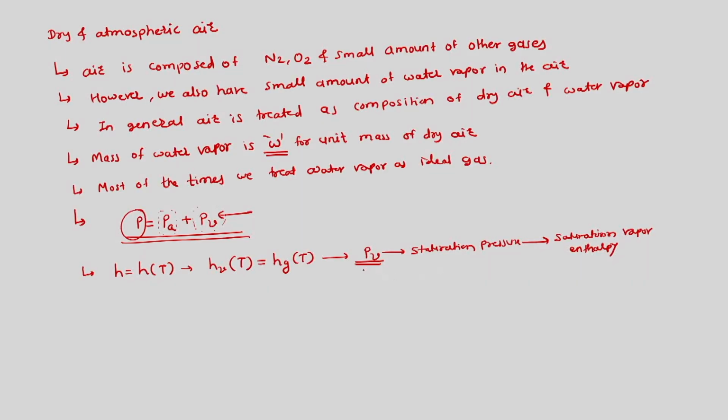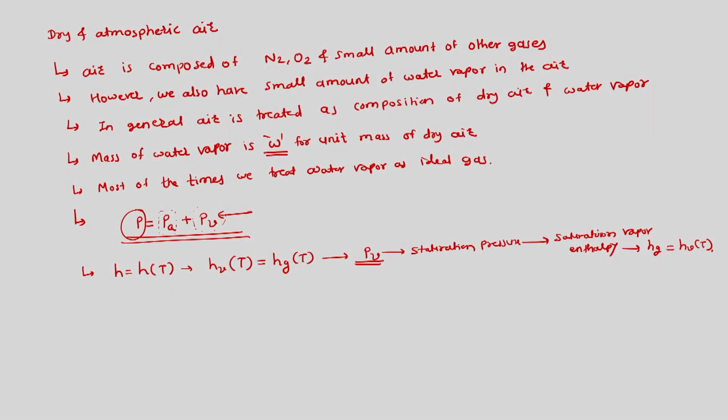So that is what we will make as Hg, which is basically Hv at T. So at that temperature we would get that enthalpy.